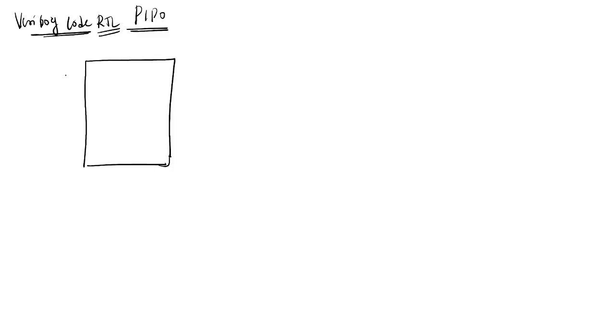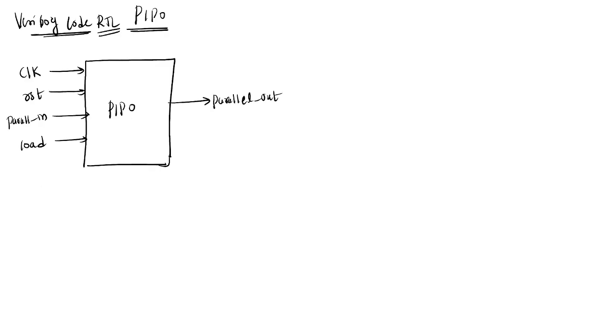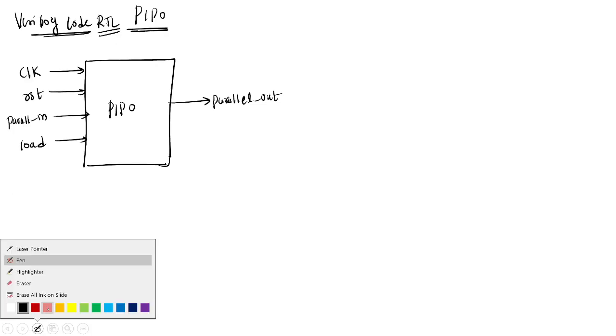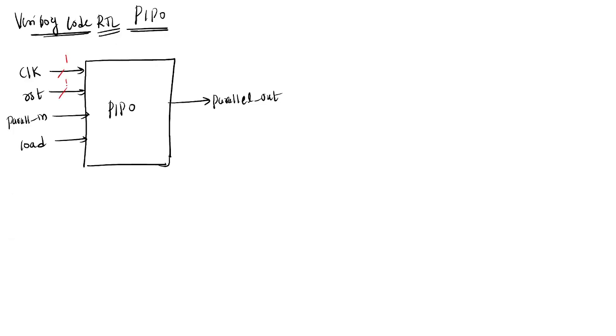You have input clock, reset, and next you have parallel in data, this is also input, and one more, load is there, and next you have the output parallel_out. Here clock is 1 bit and reset is 1 bit, and parallel in how many bits? 4 bits, and load is 1 bit, and output parallel out is 4 bits.